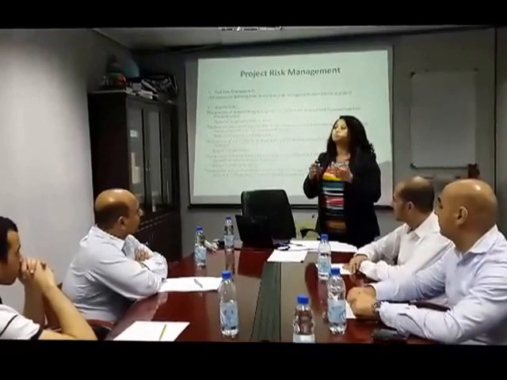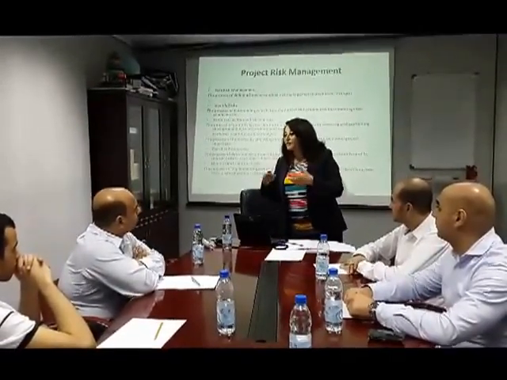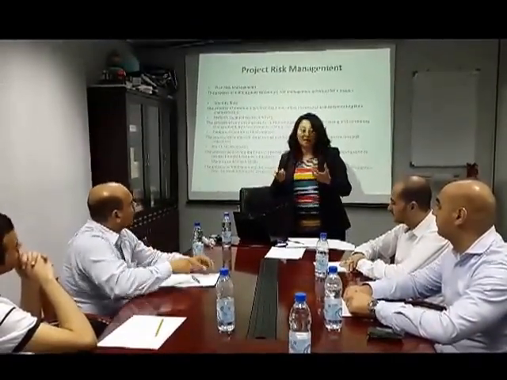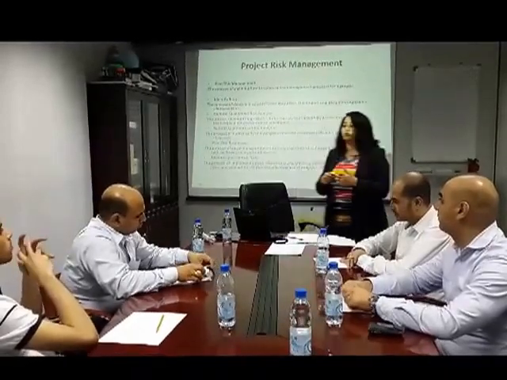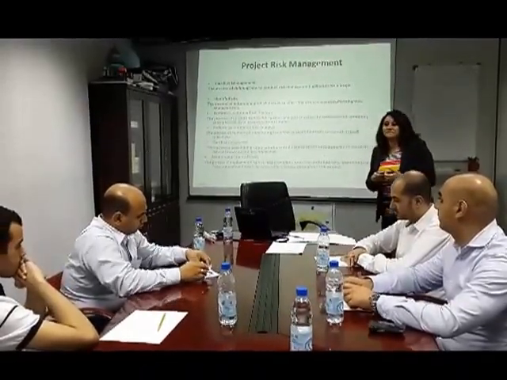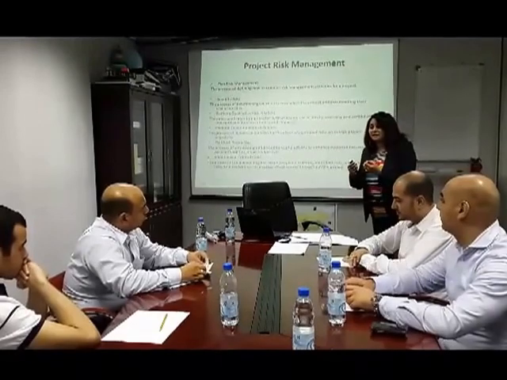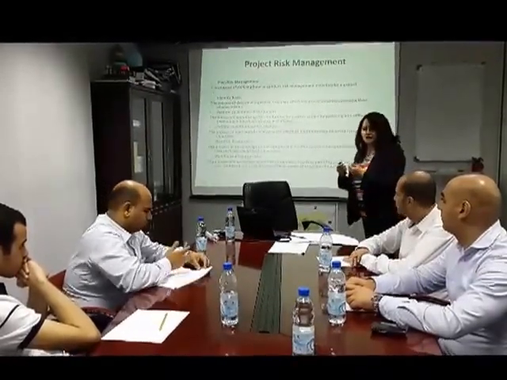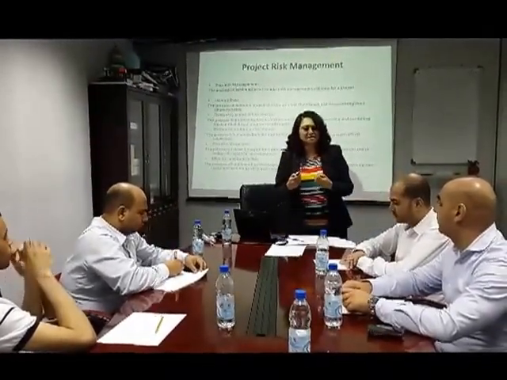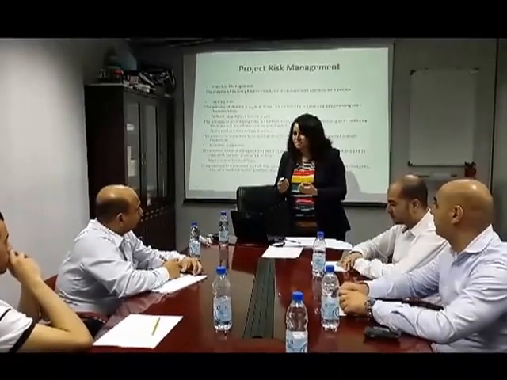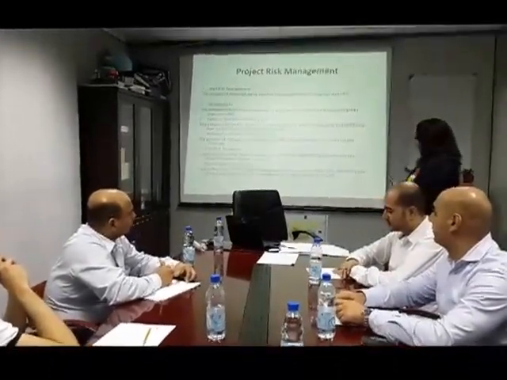We review the risks again and see how many we can identify. We also have to monitor and control the risk responses that we have planned and evaluate them. Are they effective? Did we choose a response to a risk that is giving us results? So this is the monitor and control part.